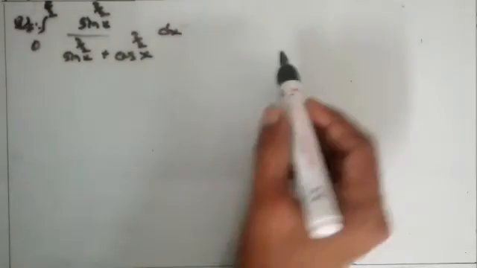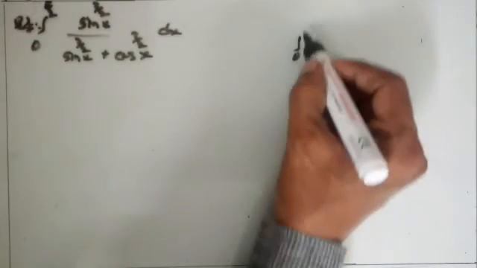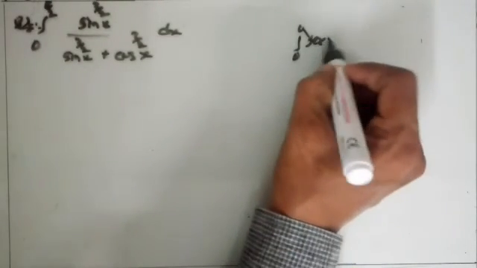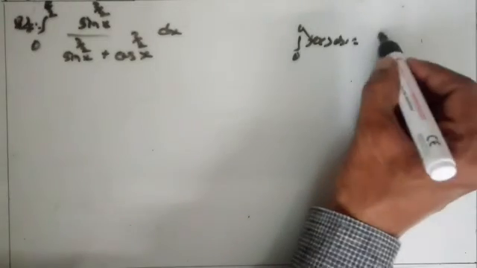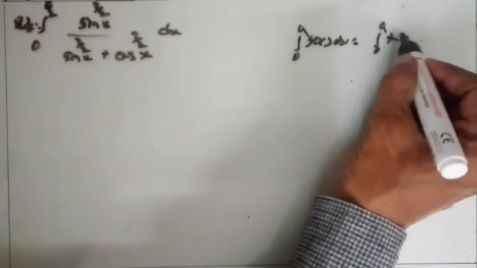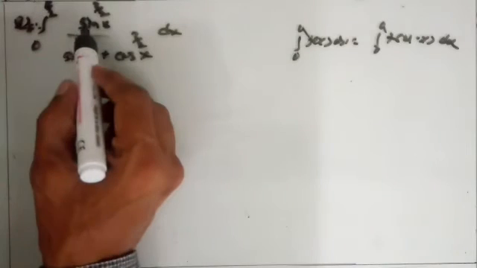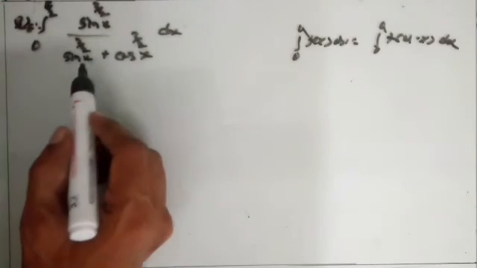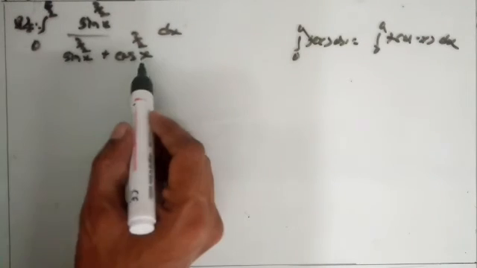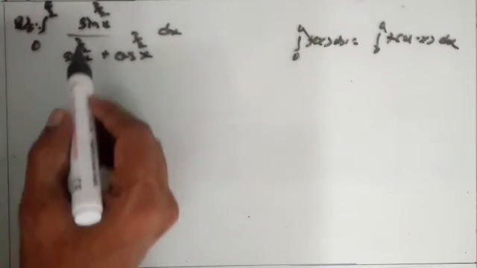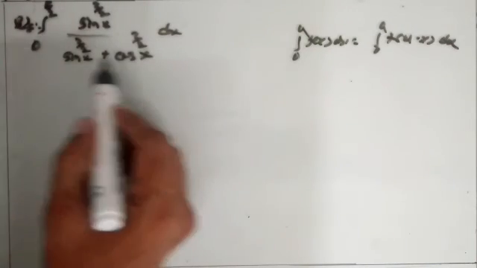Say this is integration I. Now apply our property: 0 to a f(x) dx is equal to 0 to a f(a minus x) dx. So here we get sin(pi by 2 minus x) each time, so here we get cos, here sin, here cos and a sin.